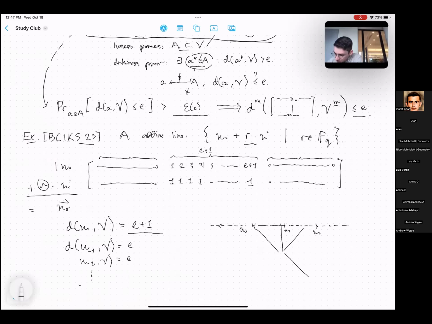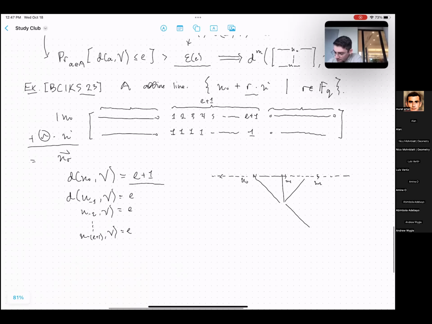And so on up to U sub -(E+1), which is E. And then what happens, it's going to go back, right? Beginning with D of U sub -(E+2) and V, this is going to go back to E+1.